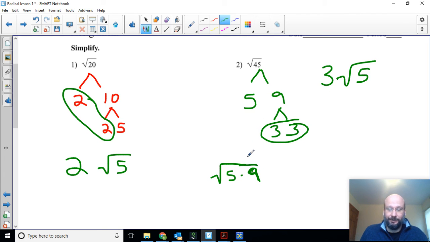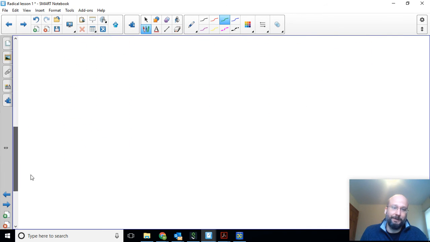The reason why I don't teach it this way is because doing this is easier. If your math skills aren't great, this is easier, and this might confuse you. So if you understand this, you can do it this way. But if you don't, just keep doing it by making a big factor tree.